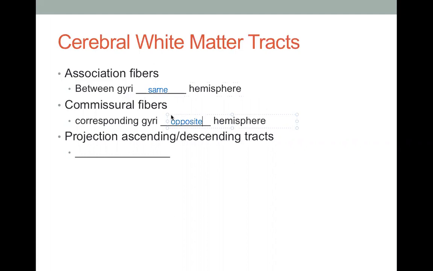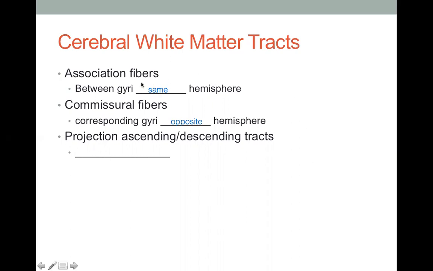And then projection fibers will form these ascending and descending tracts that will transmit your impulses from the cerebrum to other parts of the brain and spinal cord. So when we were talking about our spinal cord, we talked about those ascending and those descending tracts. The ascending tracts carried the impulses to the brain. The descending tracts would then carry it away from the brain and towards the spinal cord. So you have those projection fibers.